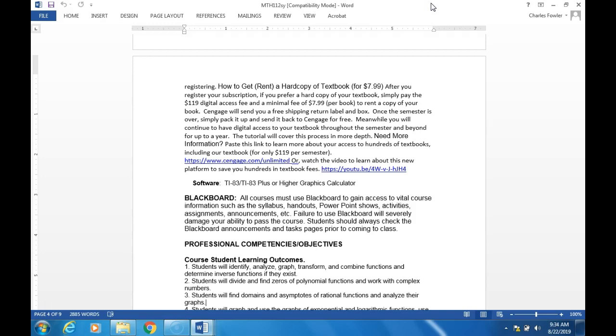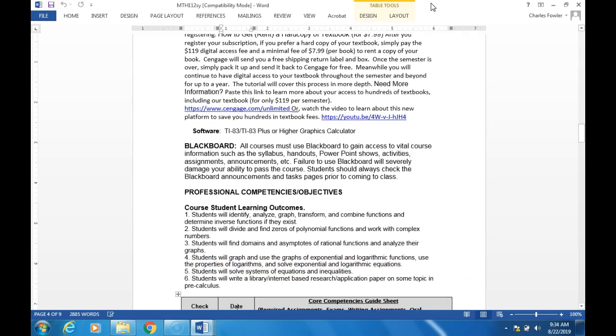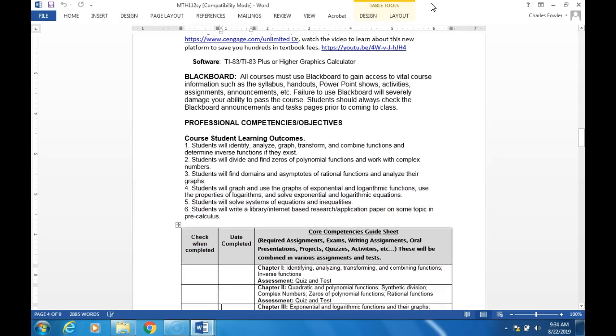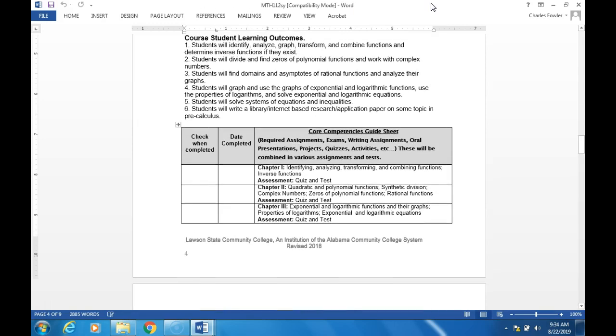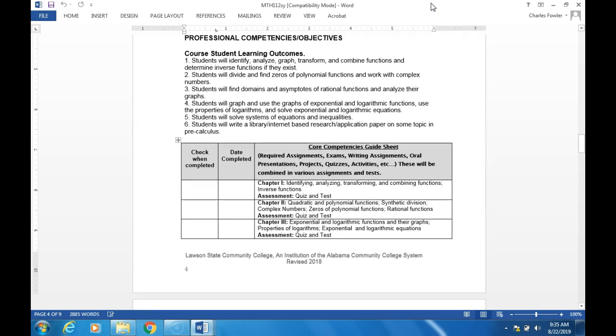Okay, let's go on to professional competencies and objectives. Here we go. The course student learning outcomes. Think back now to the course description. Students will identify, analyze, graph, transform, and combine functions.